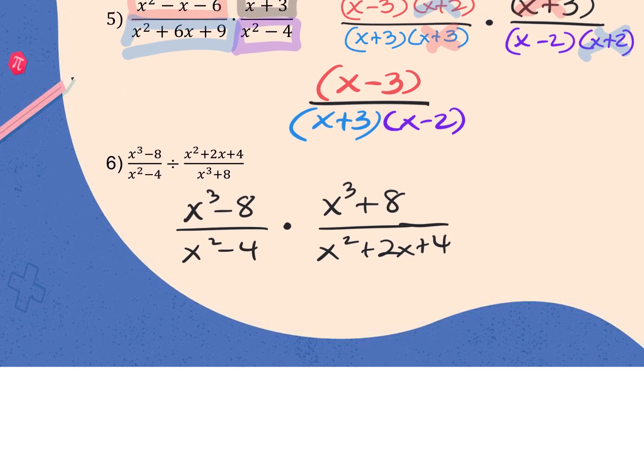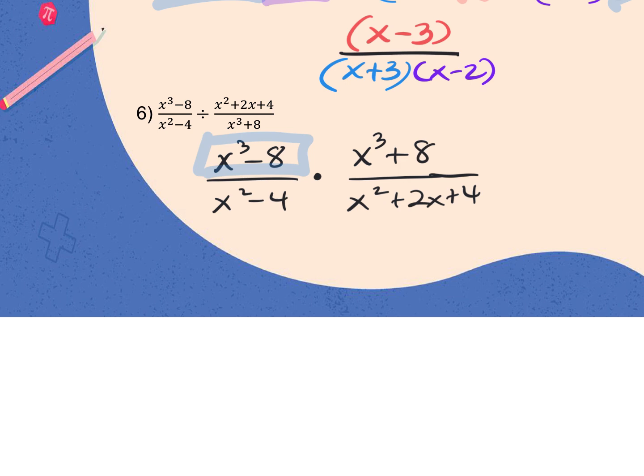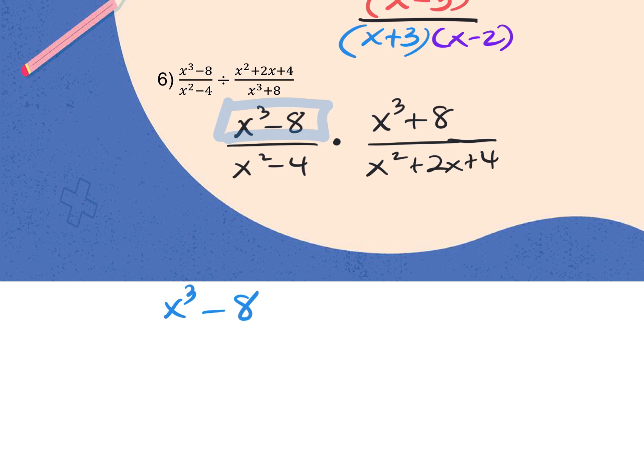So for the first one, let me go ahead and do this one in blue. It's x to the third minus 8, so I'm going to cube root. Remember, the pattern we're using here is u minus v, then u squared, opposite sign, u times v, plus v squared.